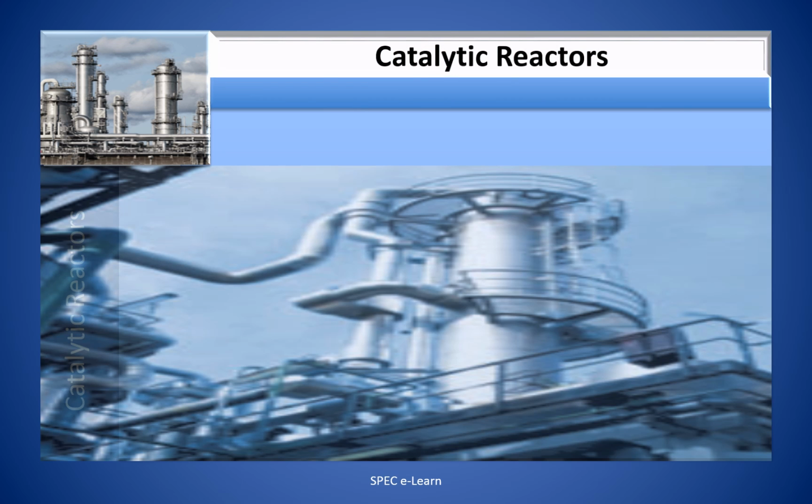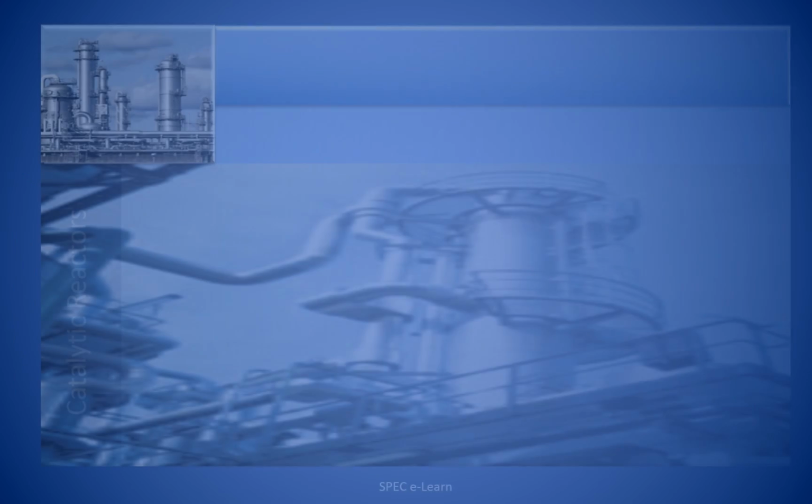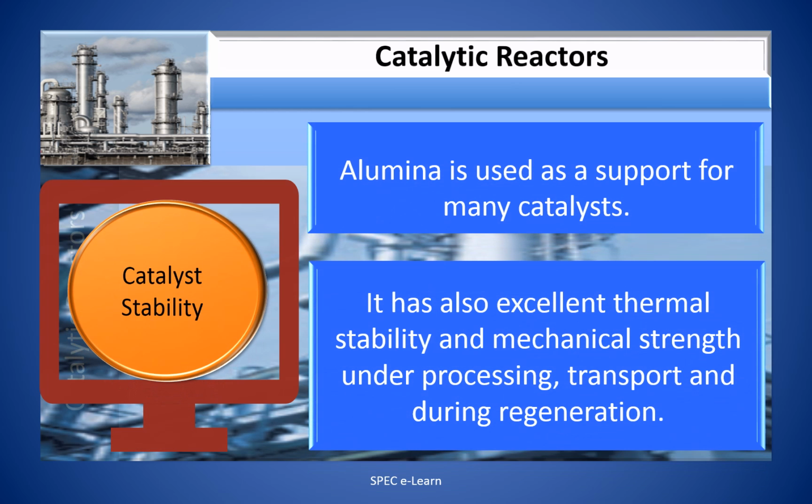In many catalytic reactions in refining and petrochemicals, the highly active catalyst element is dispersed into the catalyst support material having large surface area. Alumina is used as a support for many catalysts. It has excellent thermal stability and mechanical strength under processing, transport, and during regeneration, thus ensuring good stability.